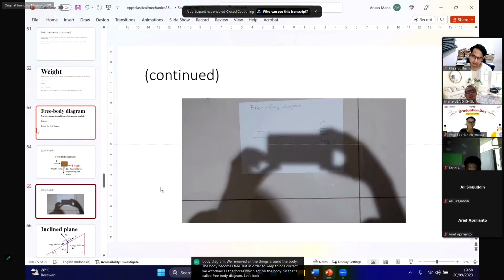Let's look at the next slide, number 65. I show a free body diagram. As you can see, a mass is sitting on the surface, and we just don't see the forces yet, right?